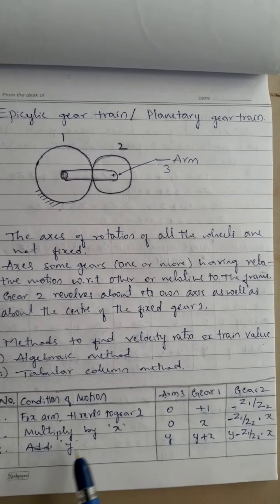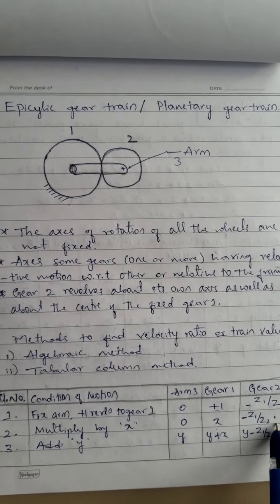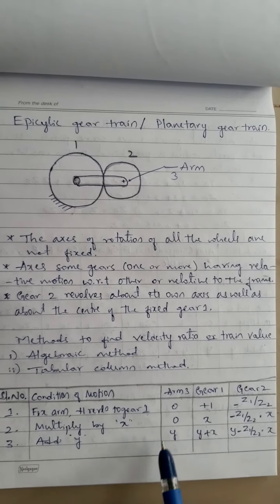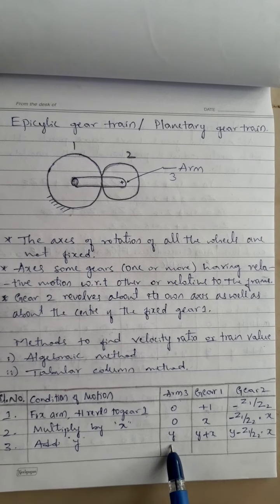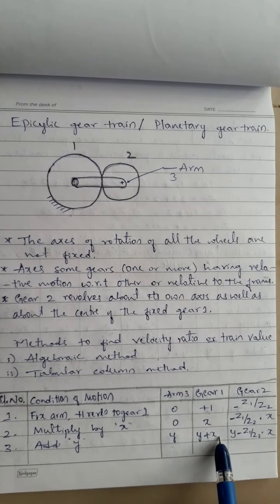The next procedure is to add y to the above parameters, that is, the parameters in the second row. When you add y to 0, you get y. Add y to x, you write y plus x.